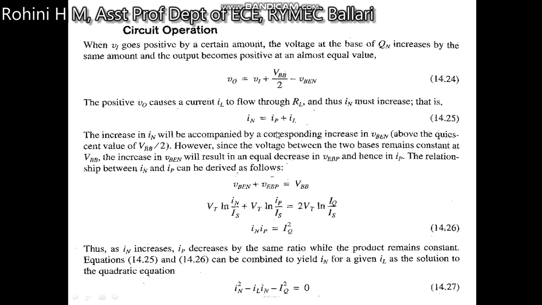Using this expression and this expression, in place of IP we are writing from this expression, what is IP, IN minus IL. So IN into IN minus IL is substituted in this expression, and sending this IQ square to the LHS, we obtain this quadratic expression.